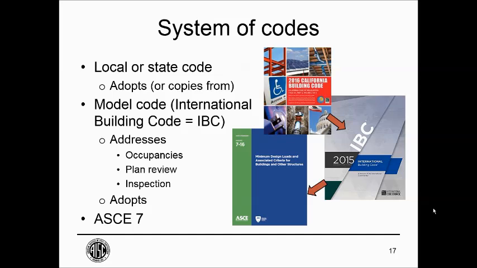So here I'm showing ASCE 7-16. The one that's currently adopted by the 2016 California Building Code is ASCE 7-10. We'll be discussing both ASCE 7-16 and ASCE 7-10, both in this session and in the later examples, to make sure that you understand what's coming down the road in the next edition of ASCE 7, although the current building codes throughout the country generally use ASCE 7-10 at this point.